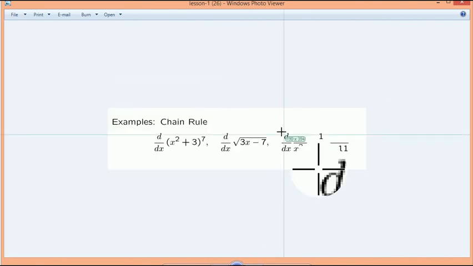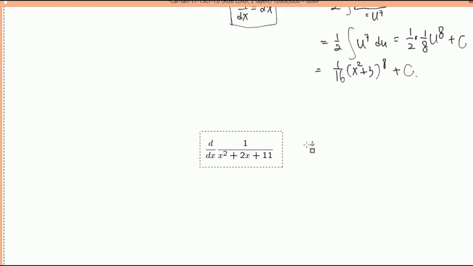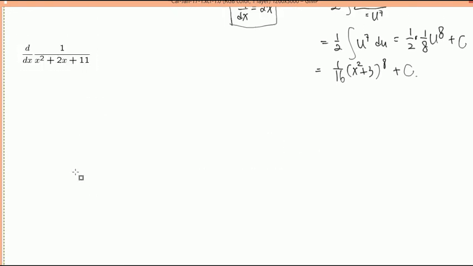So, for example, if you do the third one, let's see if you remember this integral in here and derivative. What's the derivative of this one? This is d dx of x squared plus 2x plus 11 to the minus 1, right? If the numerator is not a function, this exponential rule is better for the derivative. Even if there's something in there, you can write it as a times b to the negative 1. All right, so how do you differentiate this one?